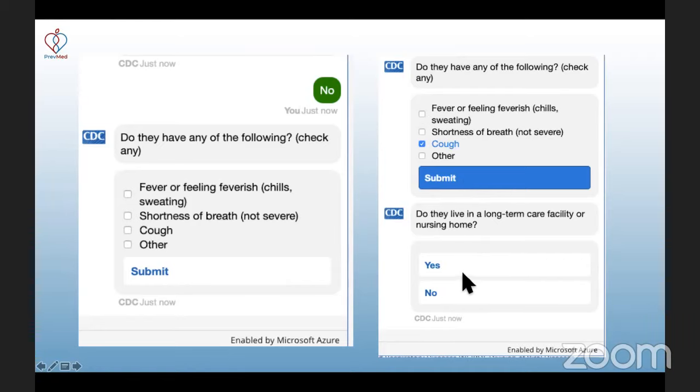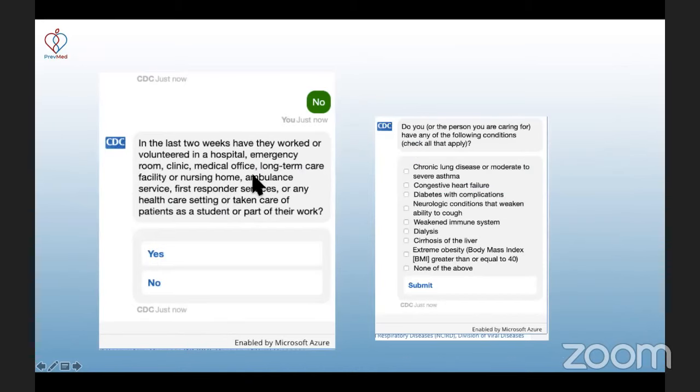Do they live in a long-term care facility or nursing home? I said no. In the last 2 weeks, have they worked or volunteered in a hospital, emergency room, clinic, medical office, long-term care facility, nursing home, ambulance service, first responder services, or any healthcare setting, or taken care of patients as a student or part of their work? And I said no. So then it says, do you or the person you are caring for have any of the following conditions?